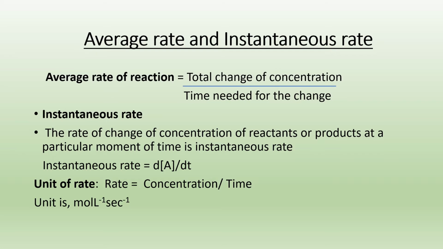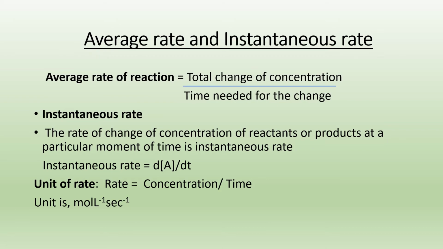Now, another convenient method of expressing rate of reaction is as instantaneous rate. Instantaneous rate is the rate of change of concentration of reactants or product at a particular moment of time. That means we consider the rate of a reaction for a very small period of time, and for that short period of time the rate of reaction remains more or less constant.